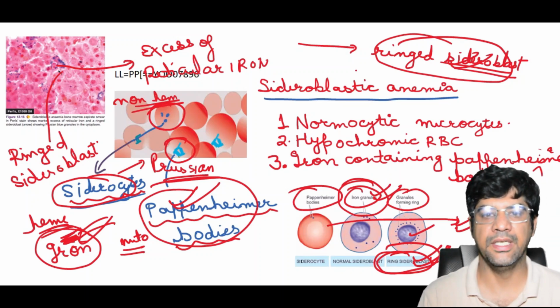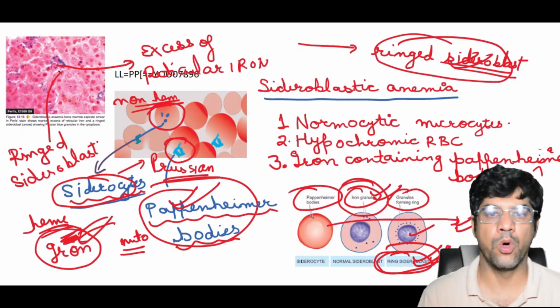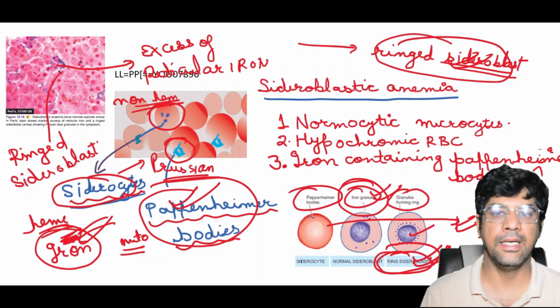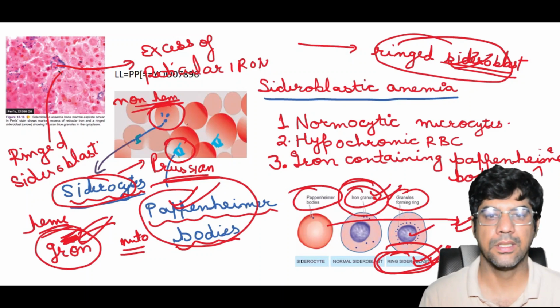So what are the laboratory findings in sideroblastic anemia? First of all, you would see hypochromic anemia that can be microcytic or normochromic, resulting in a dimorphic blood picture. The MCV, MCH and mean corpuscular hemoglobin concentration are reduced.